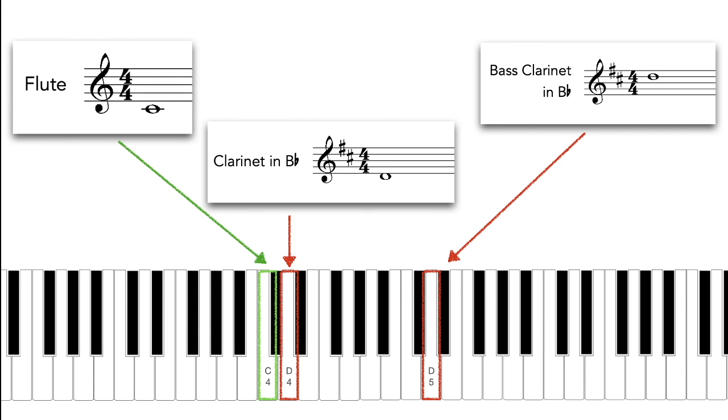If we want the tenor or bass clarinet to do the same, they must read D5. Note that all of these instruments happen to read in treble clef. Notice the key signatures too. In both cases, if the original concert key is C major, we have to move the key signatures a major second up to the key of D in order to do the transposition properly.